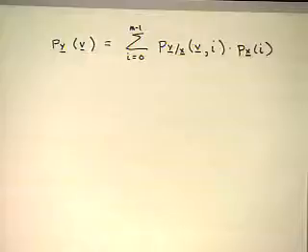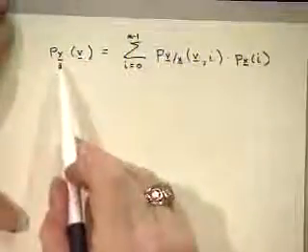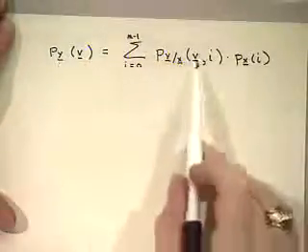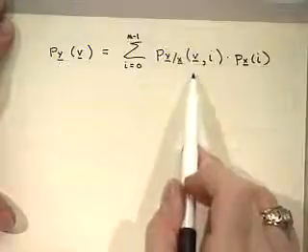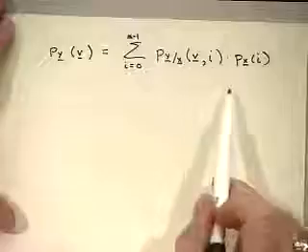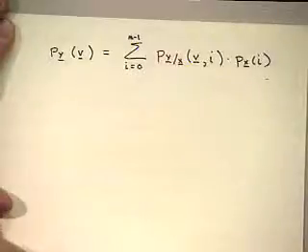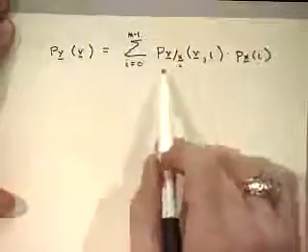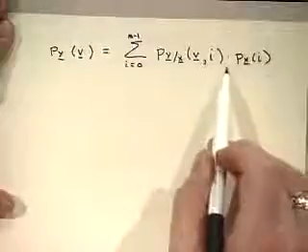That should be a formula that's pretty familiar if you've taken a basic probability class. You can get the overall probability distribution for y if you have the conditional probability distribution and you simply sum it over all the possible input values and multiply by the x distribution.